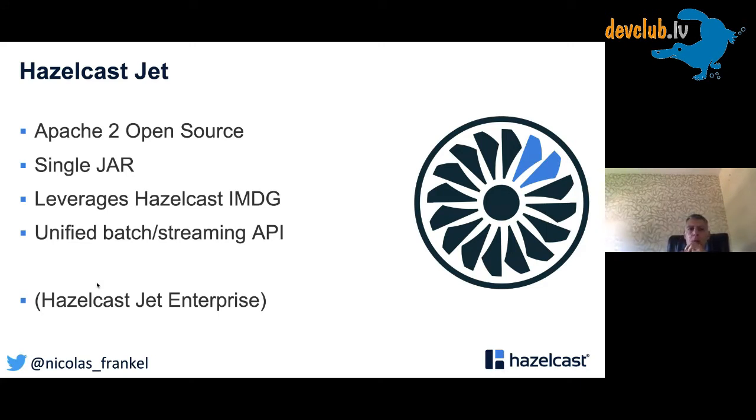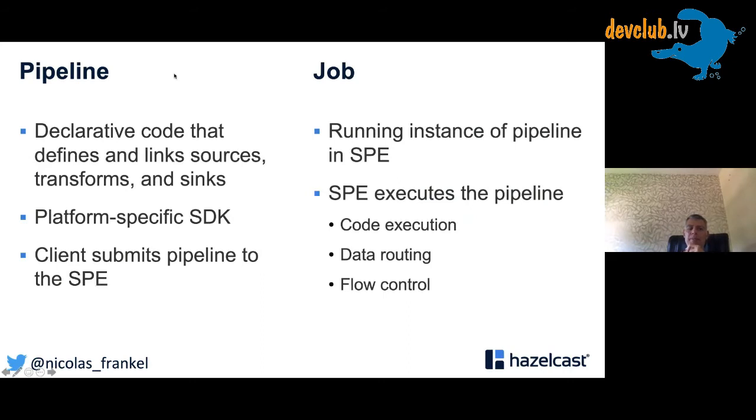Basically, those are the words that we use for stream processing inside of Jet. You might find different wording, different semantics in other products, but basically the concept will be the same. You have the pipeline, and the pipeline is declarative code, which describes what you will do.